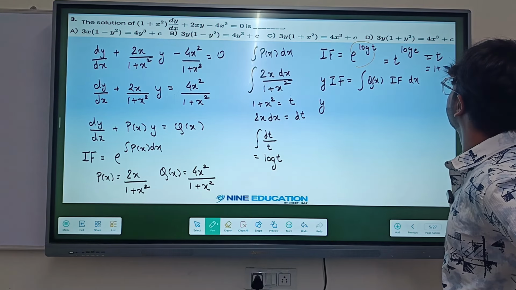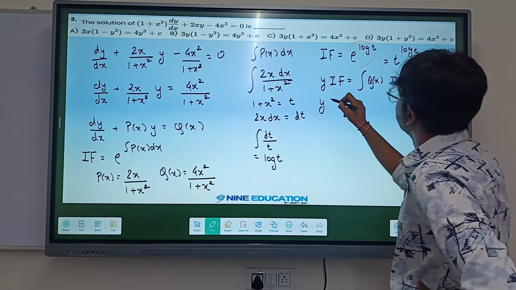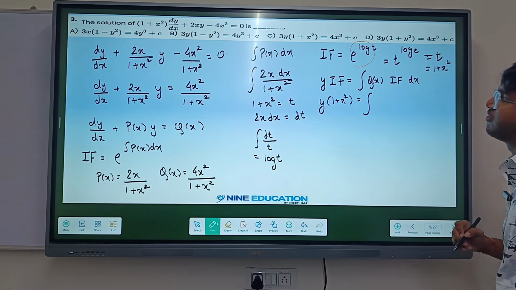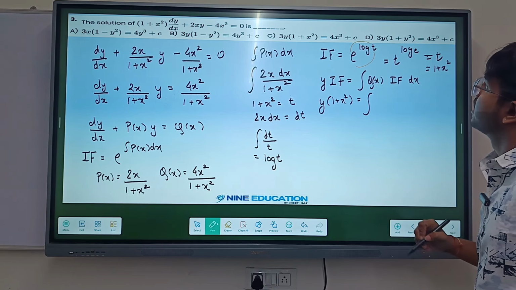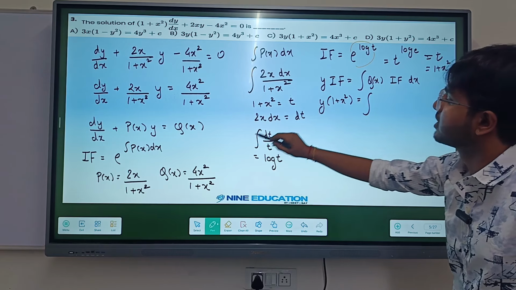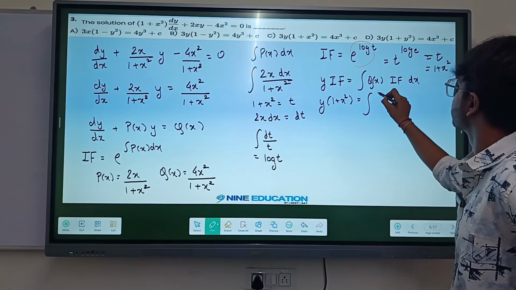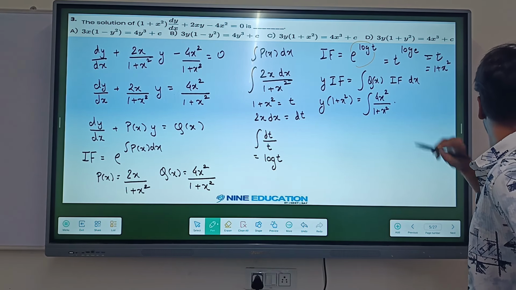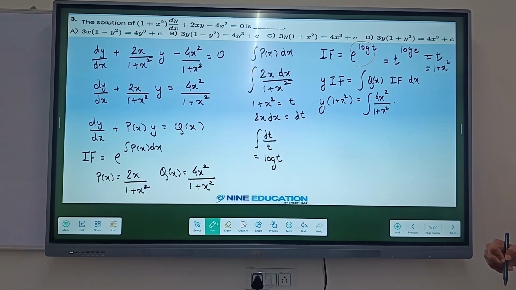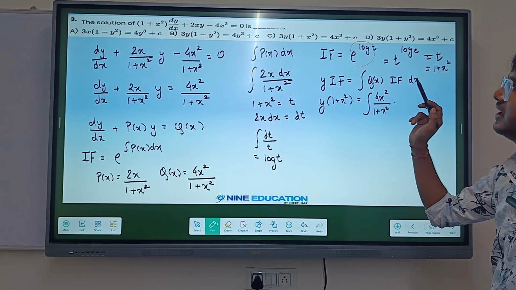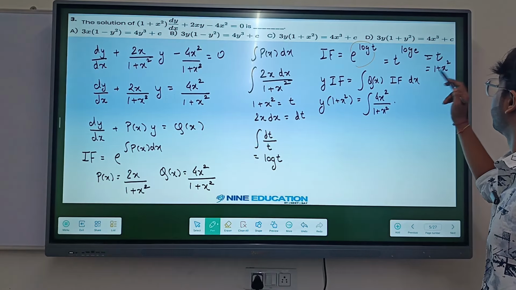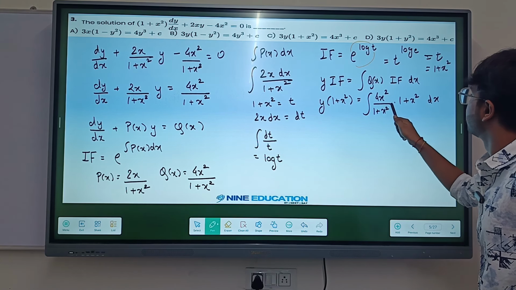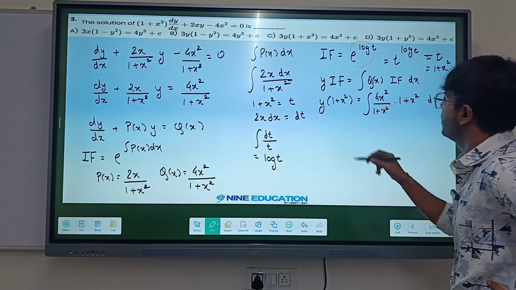So write t in terms of x: y into 1 plus x square equal to integration of q of x, which was 4x square by 1 plus x square, multiplied by the integrating factor, which we found out was 1 plus x square, into dx. So 1 plus x square and 1 plus x square cancel.